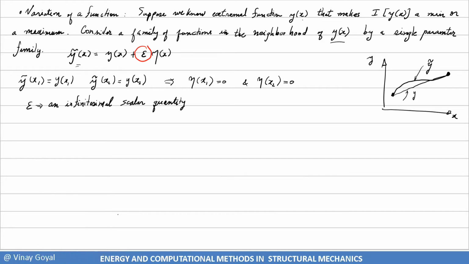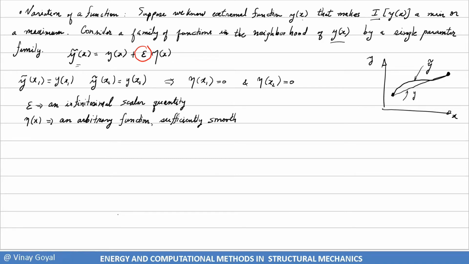And eta x, I'm going to consider eta x to be an arbitrary function. And I want to make that clear that I want this eta x to be smooth, sufficiently smooth, meaning that you can differentiate it enough to be able to calculate this functional.